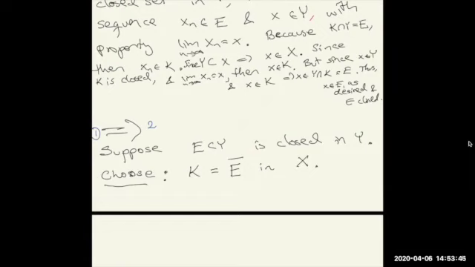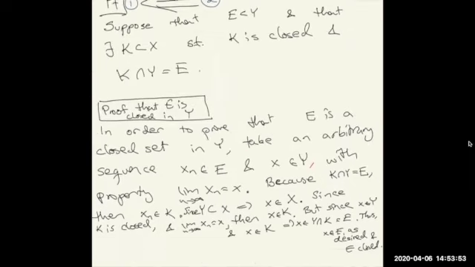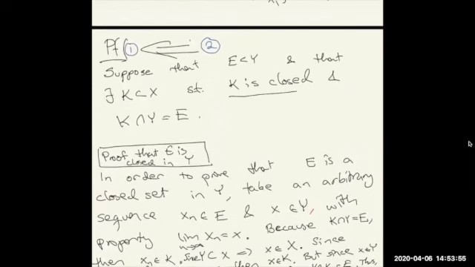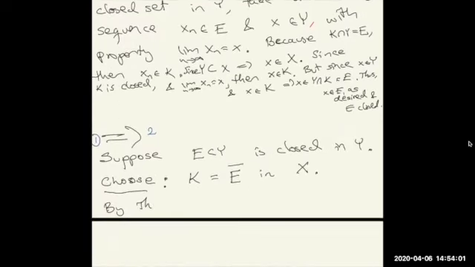So by theorem, okay, this is now a set. We have to prove now that K is closed and that K intersect Y is E. Okay, so by theorem, the closure is closed.